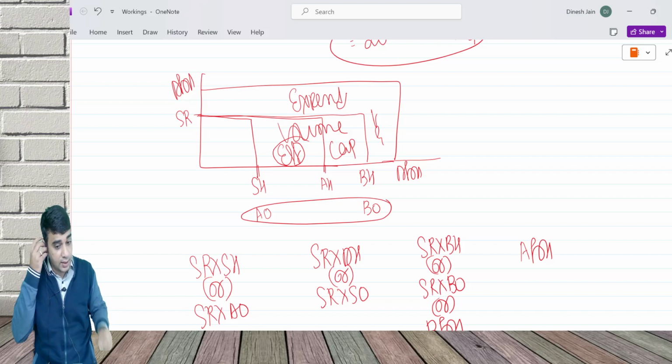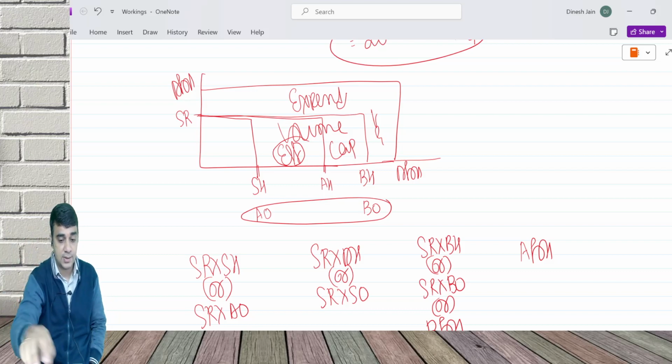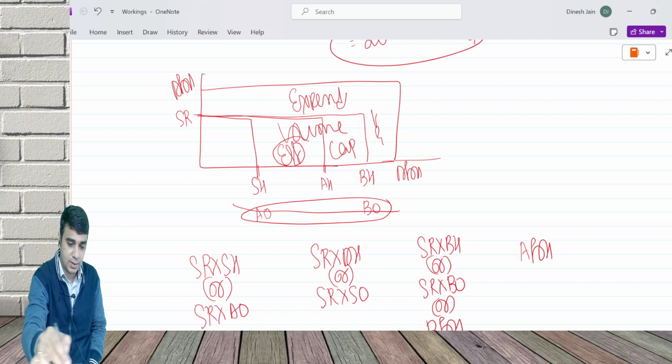Just put the chart and the computation table. Don't write AO, BO and all here which is given.